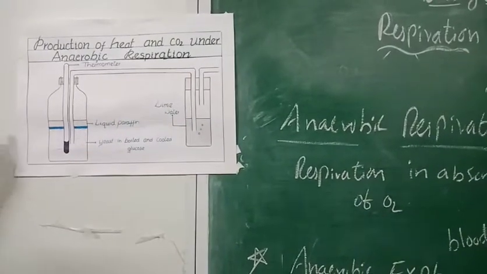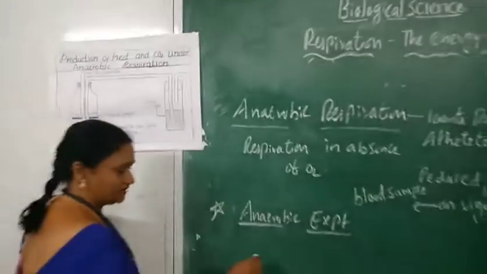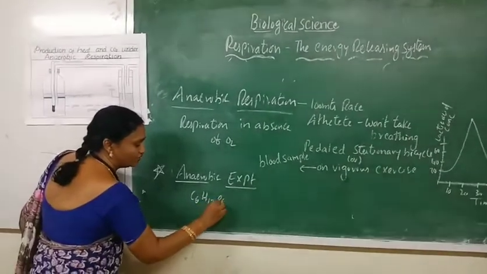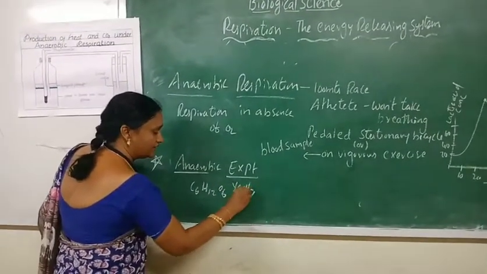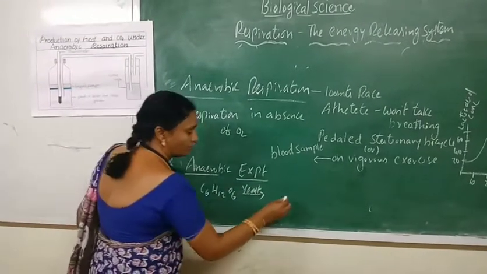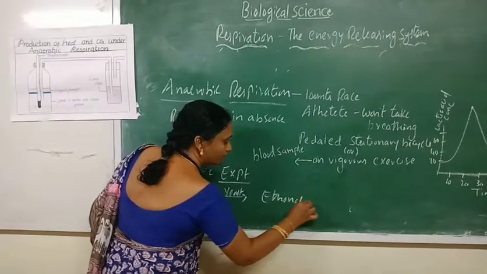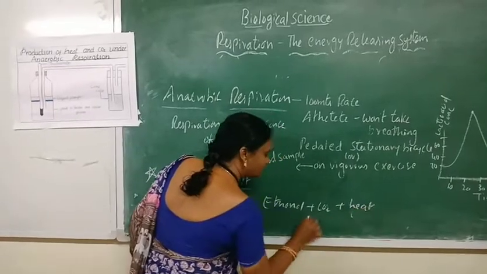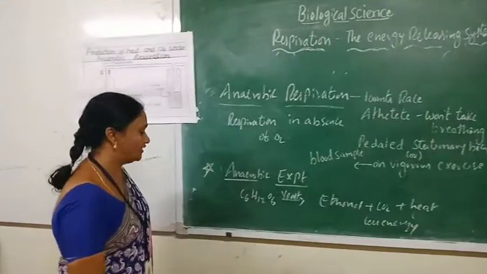When we see how anaerobic respiration occurs here, the glucose molecule burns in the absence of oxygen, and the yeast cells carry out anaerobic respiration. The glucose is converted into ethanol along with the production of carbon dioxide, heat and energy. A lesser amount of energy is liberated during anaerobic respiration.